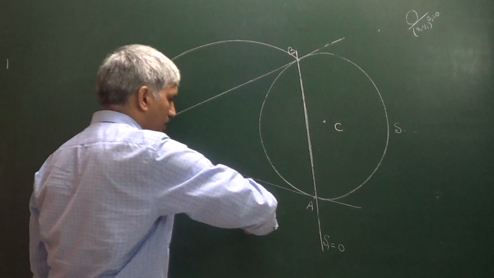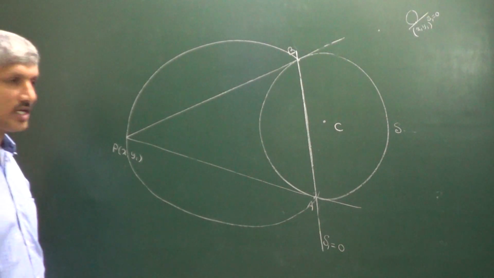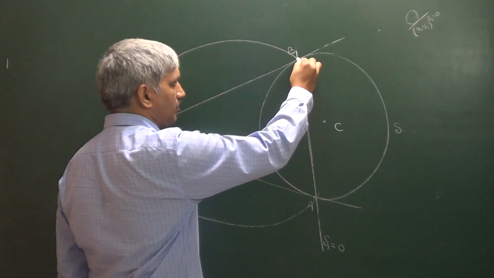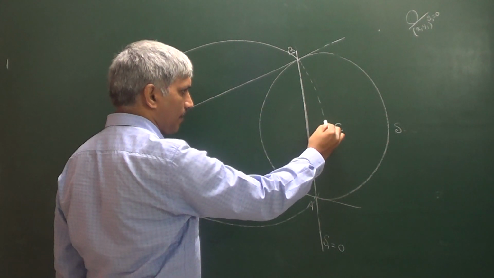This is the circle circumscribing the triangle PAB. No doubt, it passes through the center of this circle.